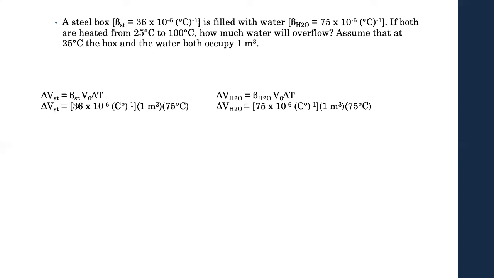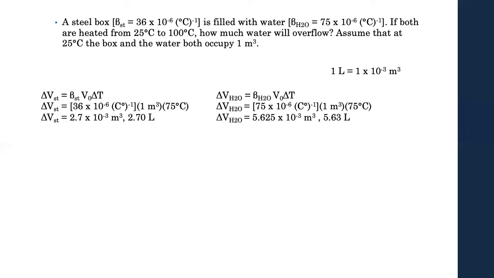Let's work through this. Are these the numbers you entered in? Yep. 0.7 times 10 to the negative 3, also 2.7 liters. For water, you should have entered in the same numbers except substituting 75 times 10 to the negative 6 for your beta value.